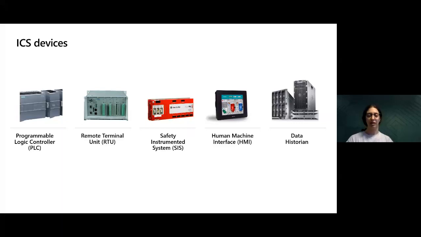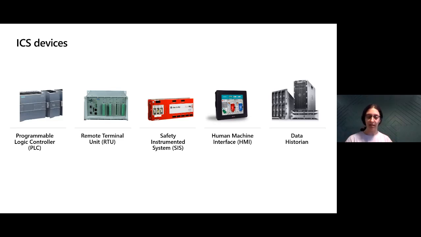There are different ICS devices that are used in industrial processes, like PLCs, which function like the brain of the facility and communicate with sensors. RTUs, which are basically PLCs, but designed to work with remote stations.